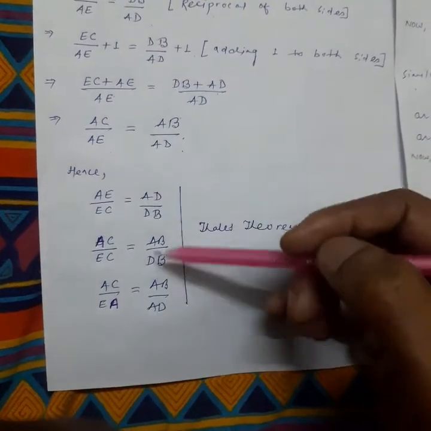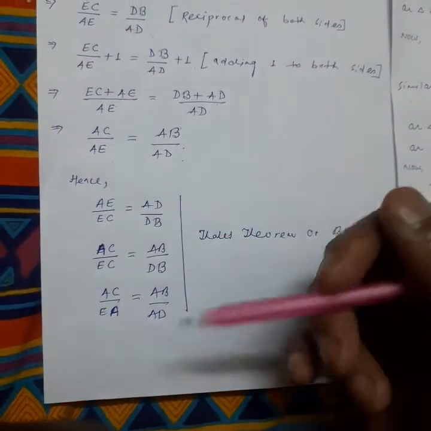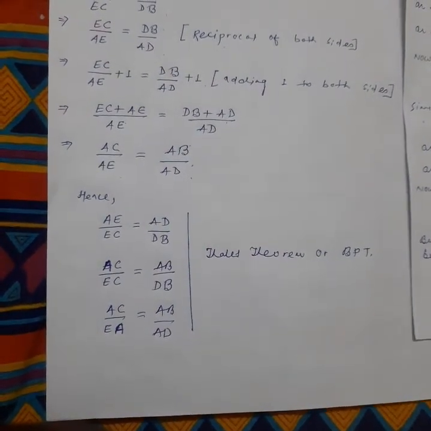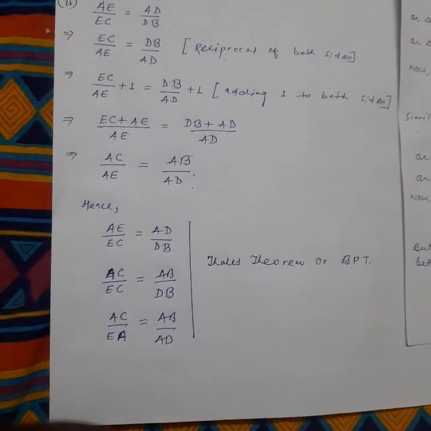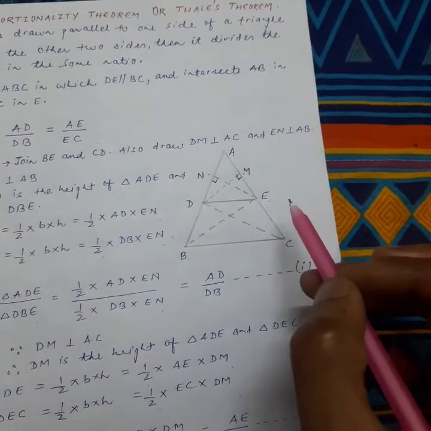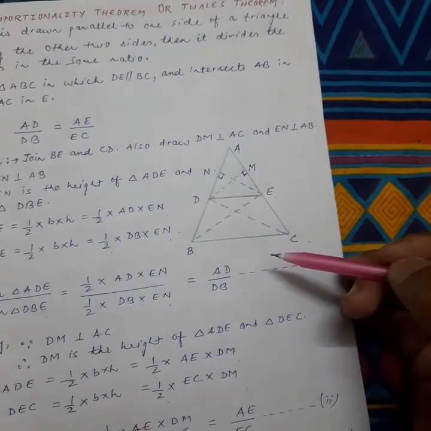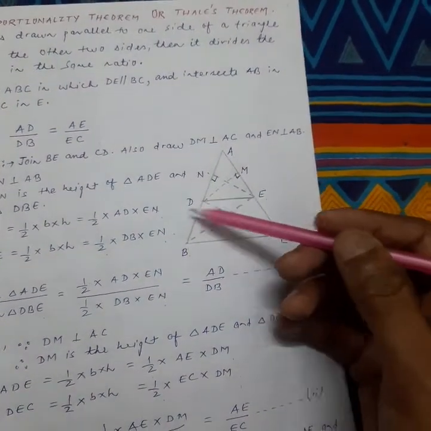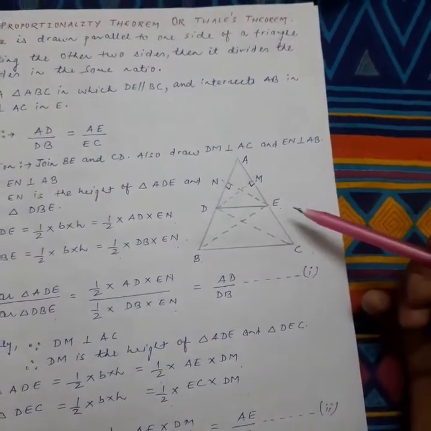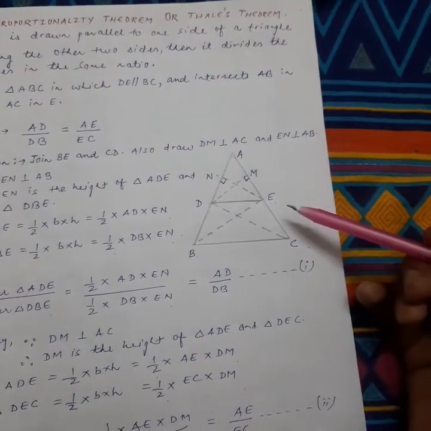We can use these 3 ratios, we can take a reciprocal of them, we can use any ratio related to Thales theorem. All will be used as Thales theorem. So what is Thales theorem? Once again I am repeating: if any line is drawn parallel to one side of a triangle, intersecting the other 2 sides in 2 distinct points, then the other 2 sides will be divided in the same ratio.